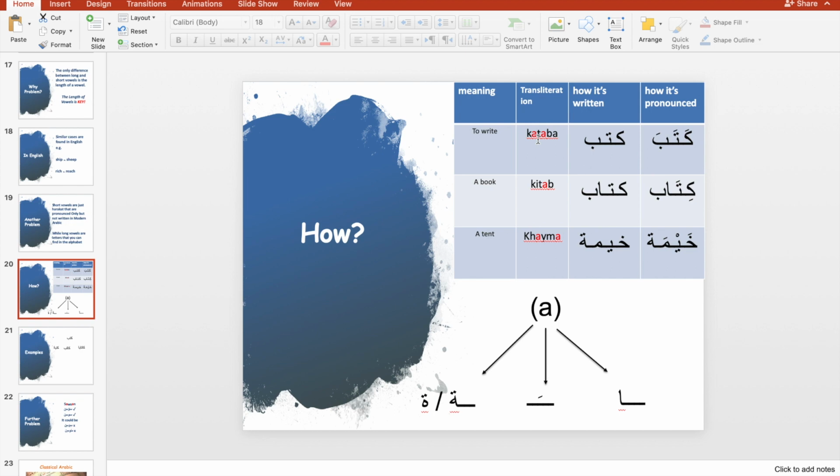Let's call it the code A. So the code A is used to represent short vowels, in this case, a long vowel in the second word, and even worse, to represent ta marbuta in the third example. Again, unfortunately, what is stuck in this student's brain is the transliteration, a word written phonetically.